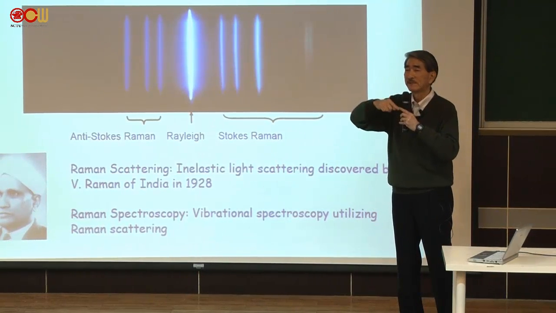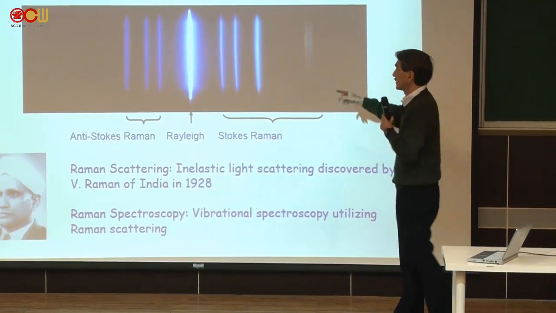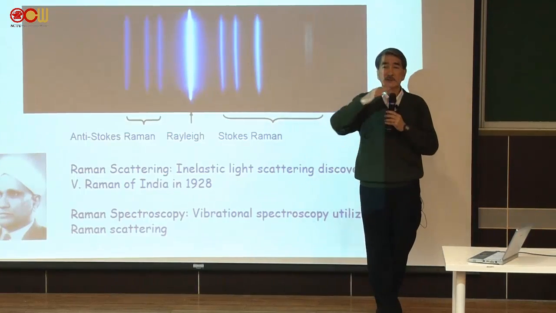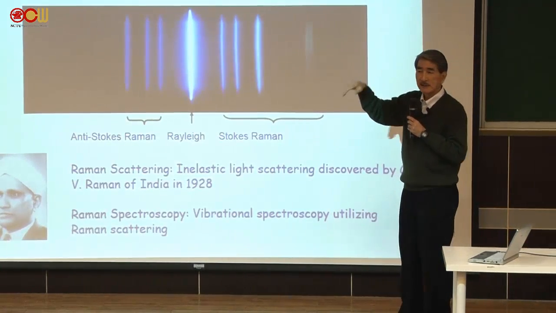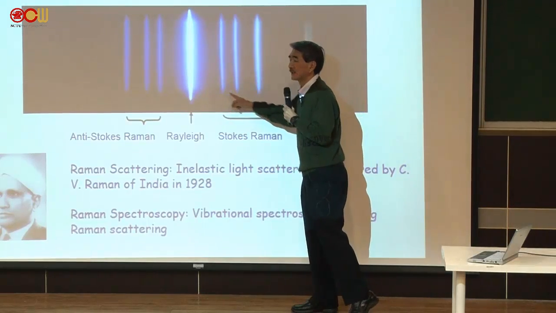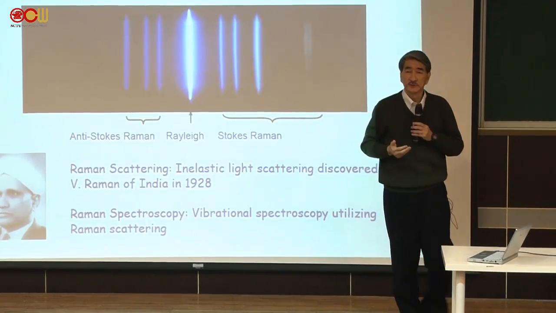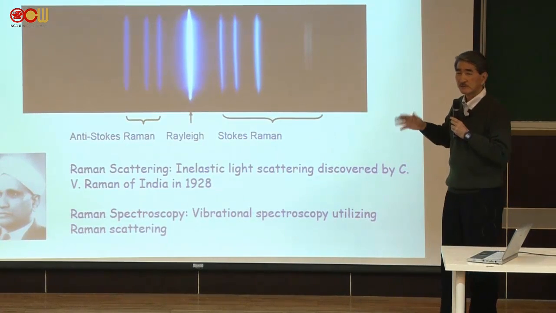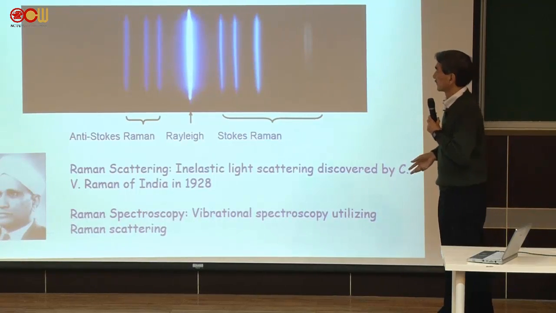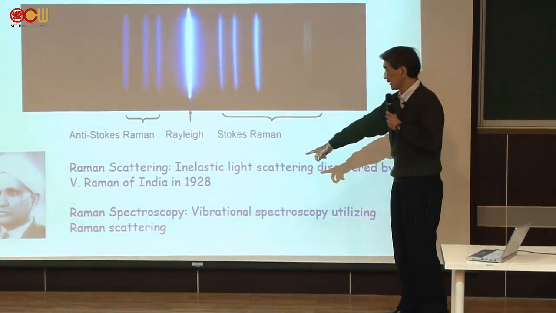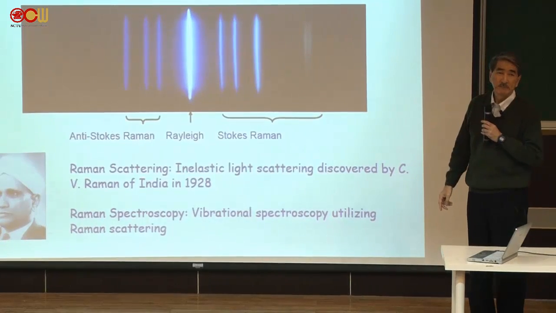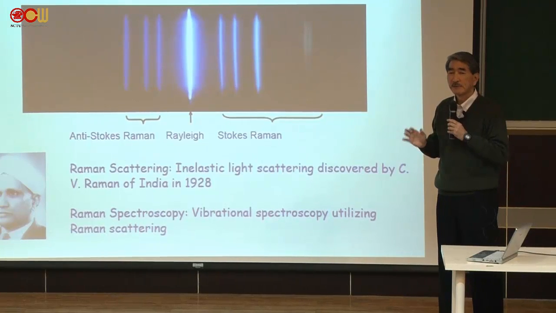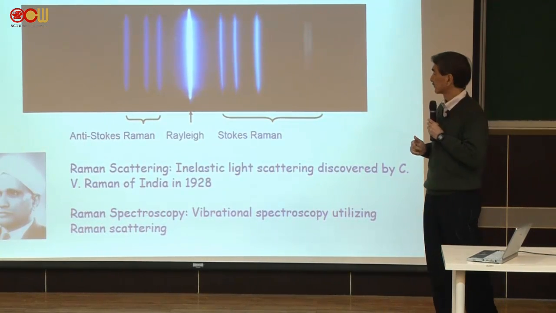So a transition from one state to the other, okay? So the reason why we have these discrete lines is that the molecules have discrete energy levels. In this case, these energy levels are from the vibrations of the molecules that I am showing just after this. So Raman spectroscopy mostly looks at a vibrational spectrum. And if you just say Raman spectroscopy, it means vibrational Raman spectroscopy.